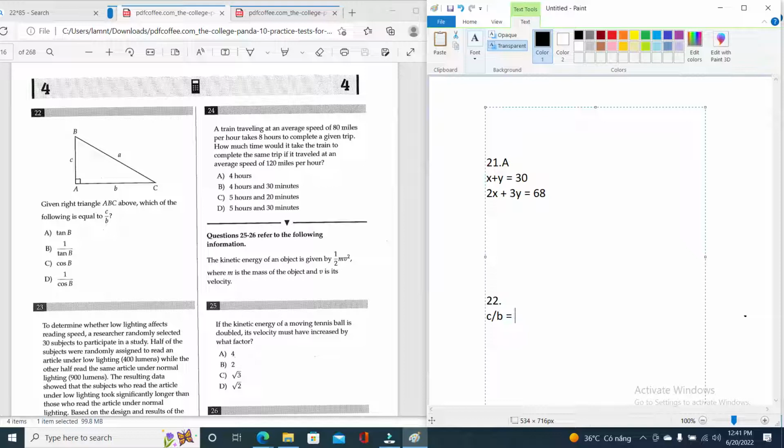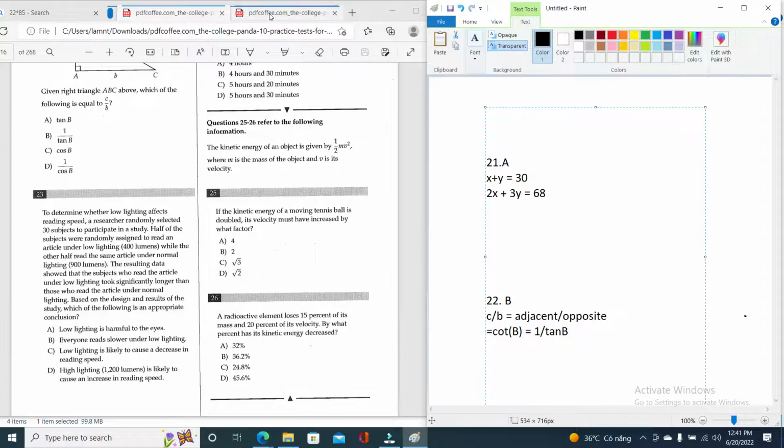So this is actually the adjacent over the opposite, right? So C over B is actually the cotan of B. That's actually 1 over tan B. So that's actually B. Yeah, it's B again.